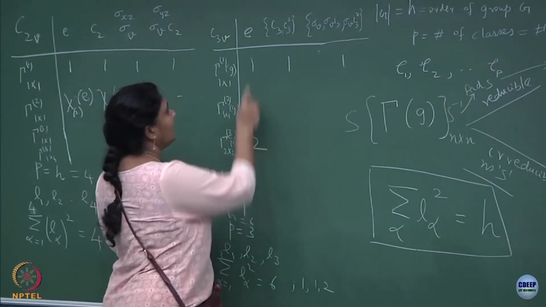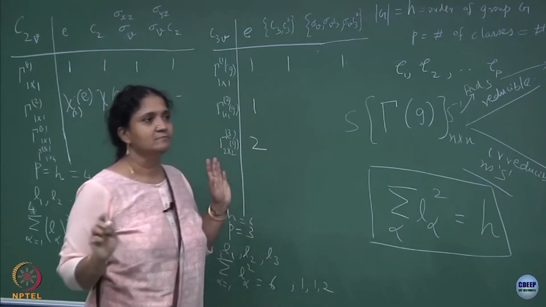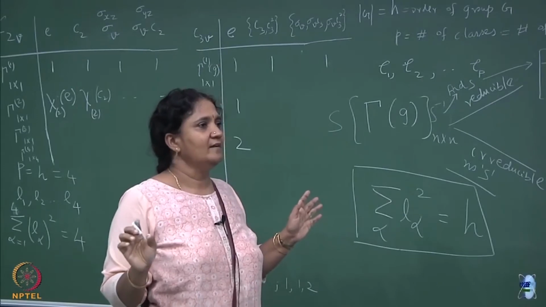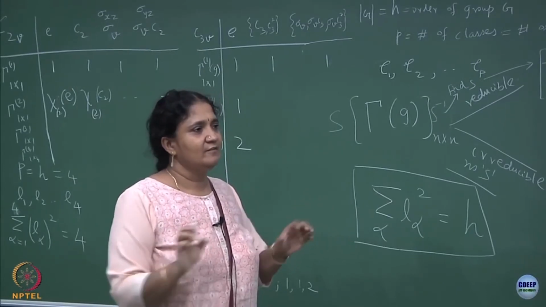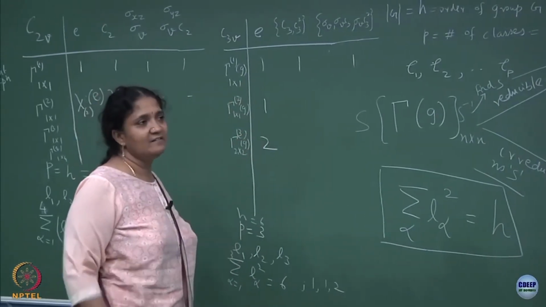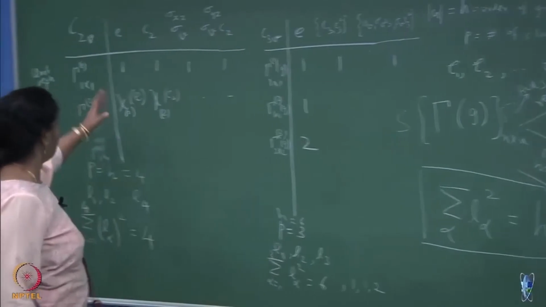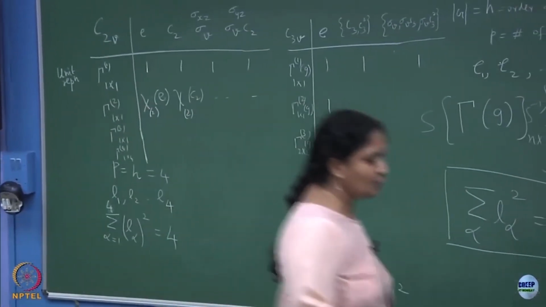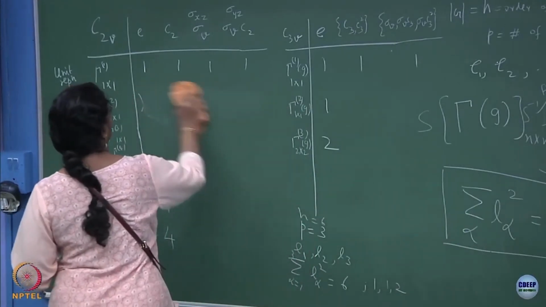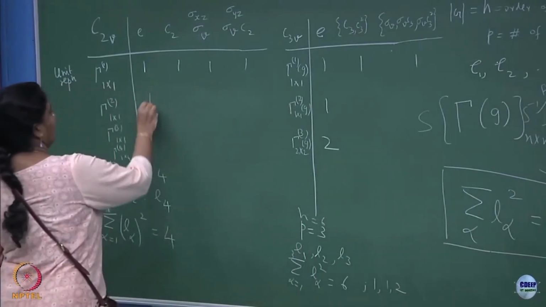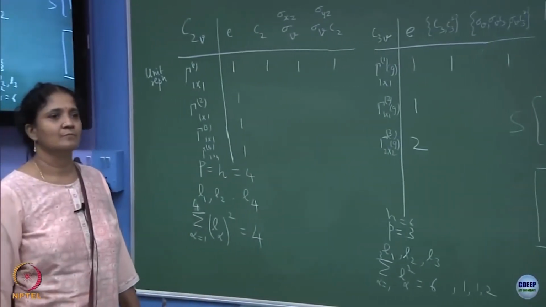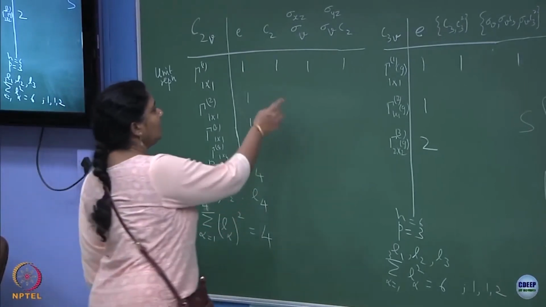So, the character for the identity element you can write blindly. It is just the dimension of that matrix, right, the trace, which gives you the dimension. So, this is actually L1 is 1, L2 is 1, L3 is 2. So, similarly here, this part is 1 1 1, no change. Okay. Now, I can play around with this.